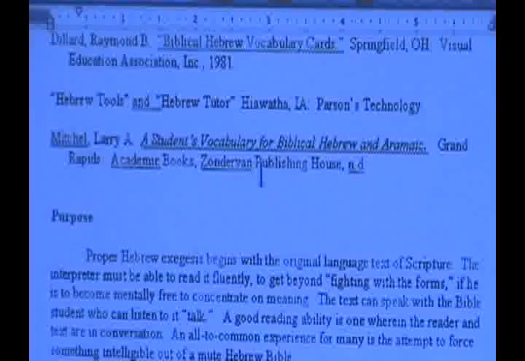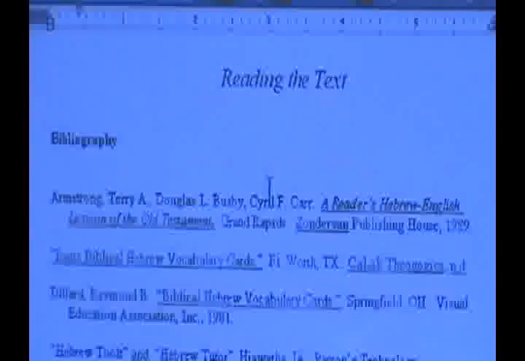Now we're talking about the purpose for reading the text.